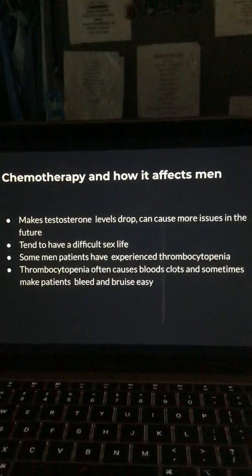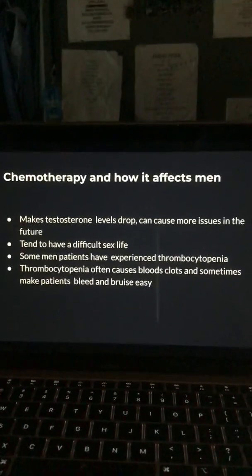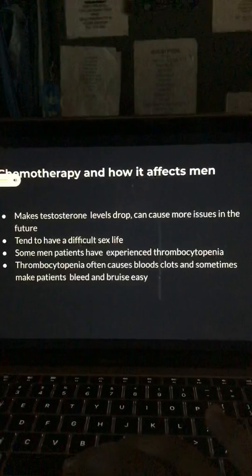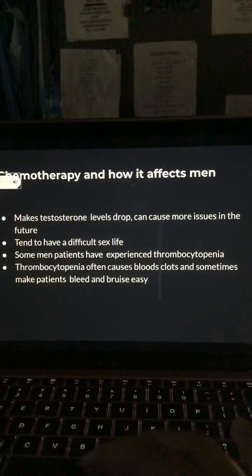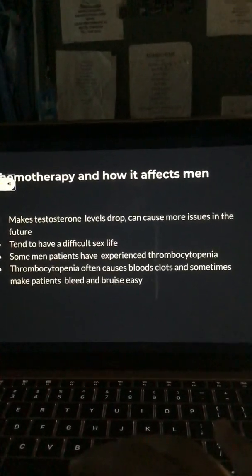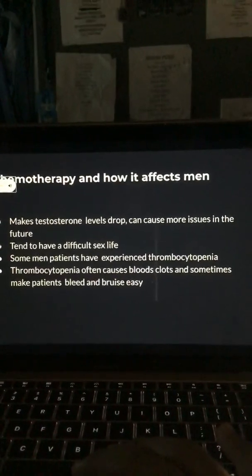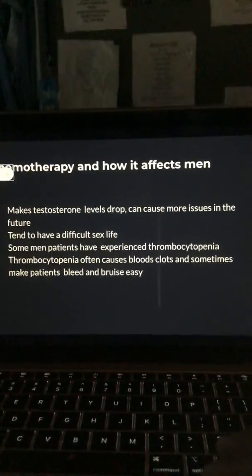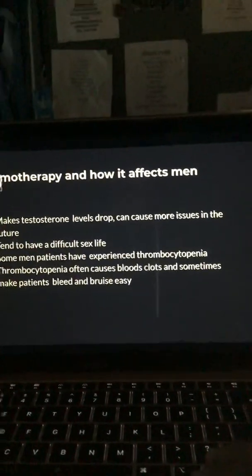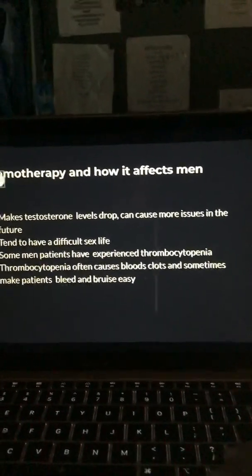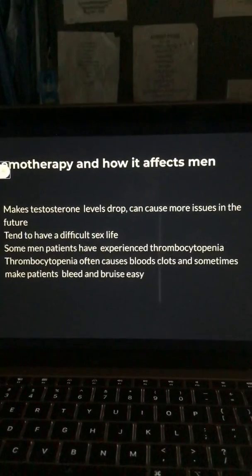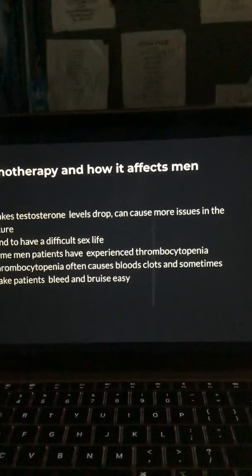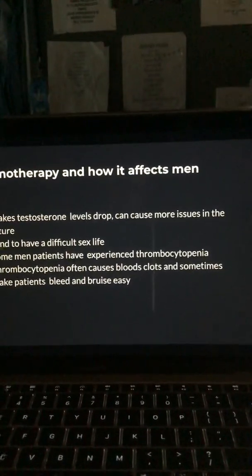Moving forward, I'd like to discuss how chemotherapy affects the men. In this process, it makes men's testosterone levels drop and can cause more issues in the future.